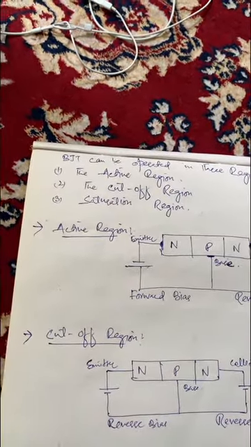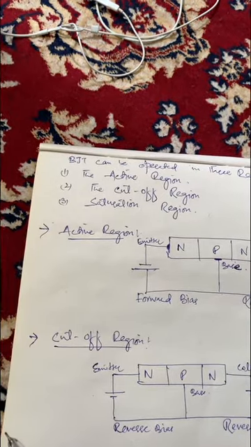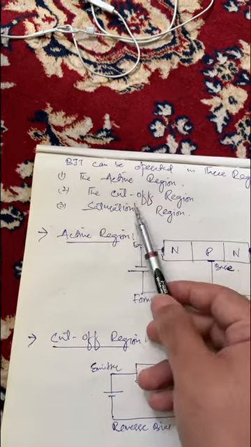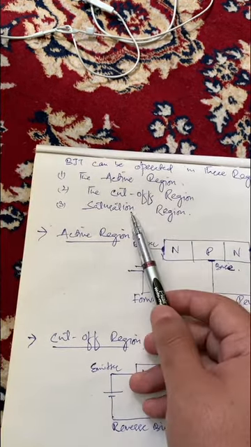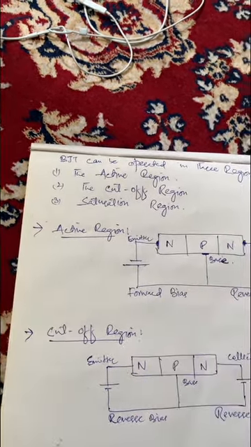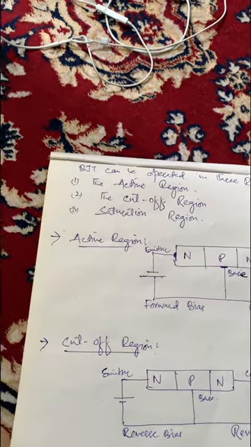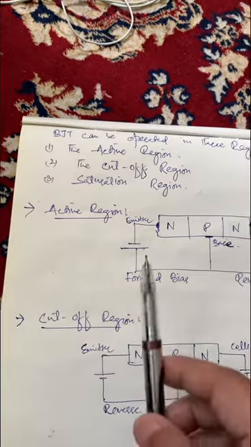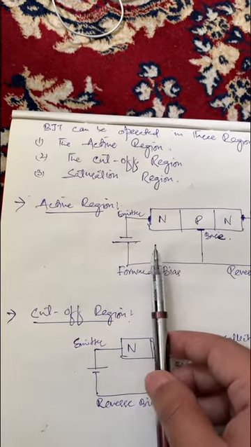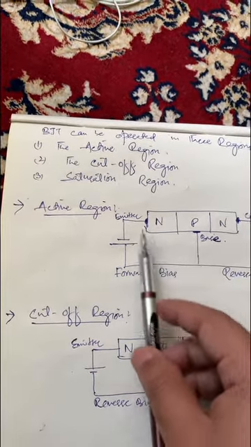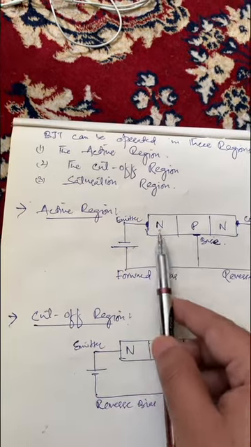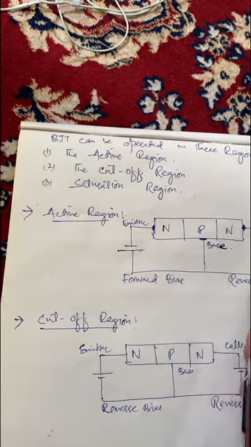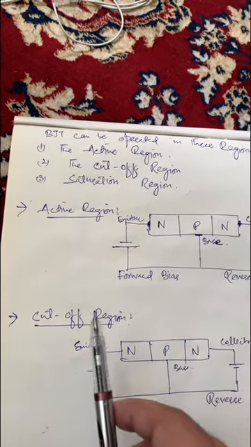Now, depending on the biasing, the BJT can be operated in three regions, that is the active region, the cutoff region, and the saturation region. So let's discuss the active region first. In the active region of operation, the emitter base junction is forward biased and the base collector junction is reverse biased.